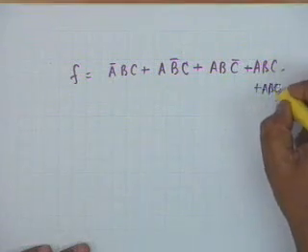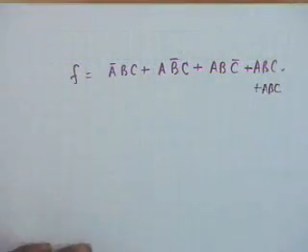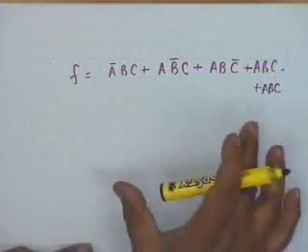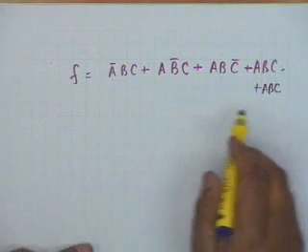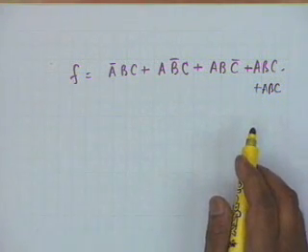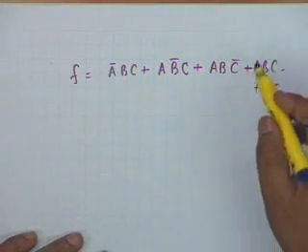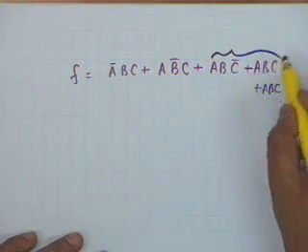Well, what we do is, since there is an ABC, we add another ABC. You see how we simplify. We are not going to the truth table. From the truth table we have found out this. Now let's see if we can simplify this. We add an ABC. And then we combine these two.